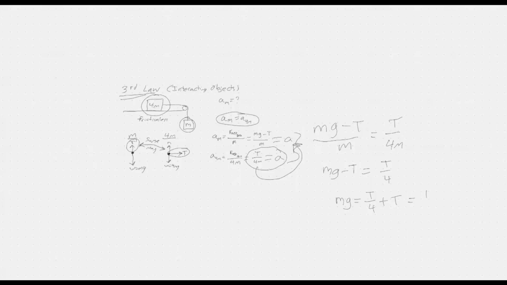And then finally, I could put this in terms of g or m or whatever. I could solve for the mass of the box, I guess. But I'd have to solve for it in terms of tension. I have to know something ultimately. But I could say something like g is equal to 1.25 times the tension over m, something like that.